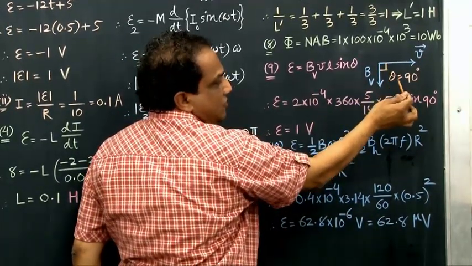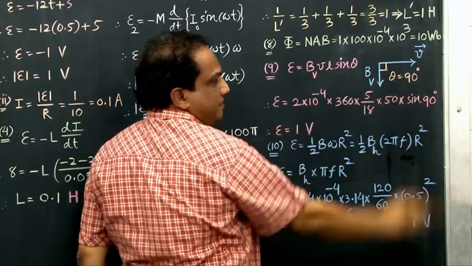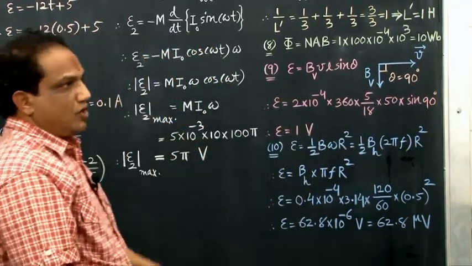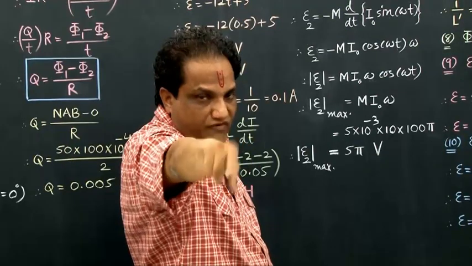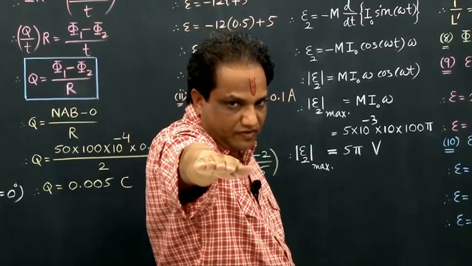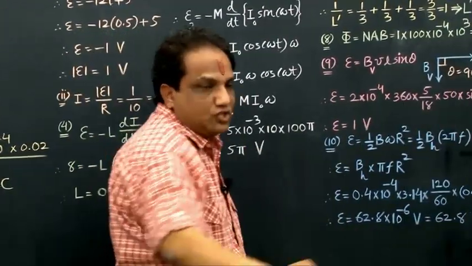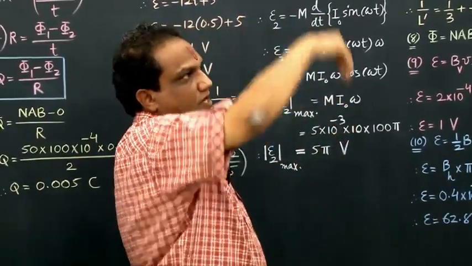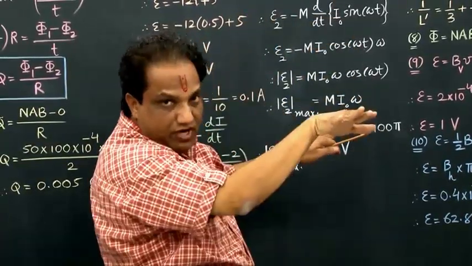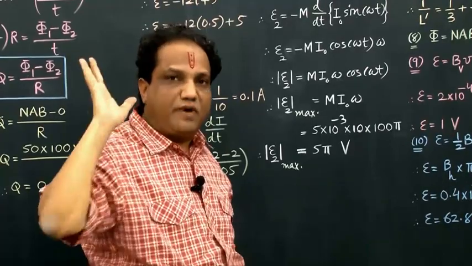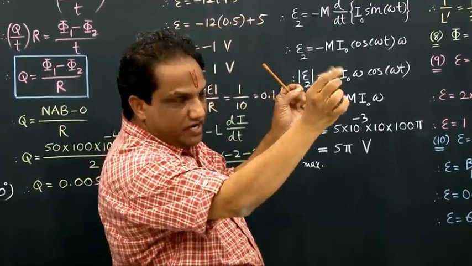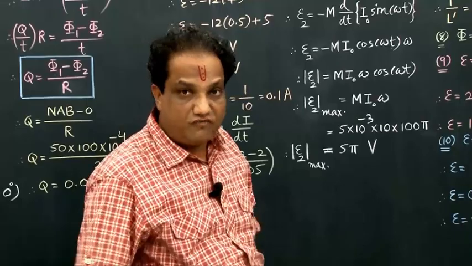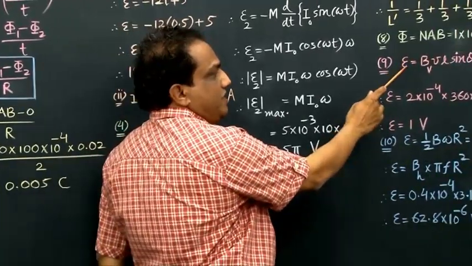Right now it is theta equals 90 degree. In that case, because the wing of aeroplane is flying this way, it is going to cut the vertical components of Earth's magnetic field perpendicularly, and because of cutting of magnetic flux, some EMF will get induced across the two ends of that wing, and let that EMF be E.